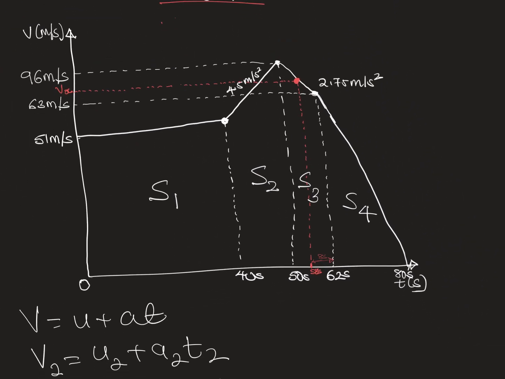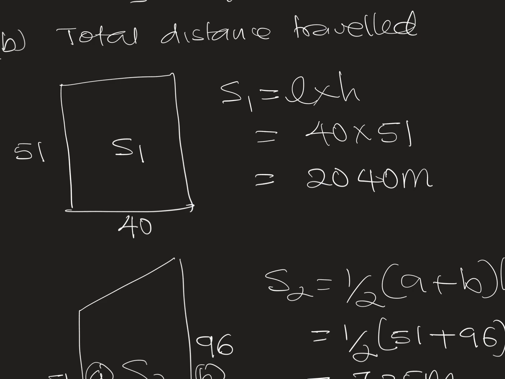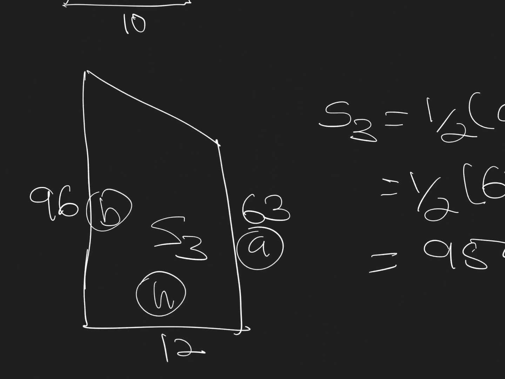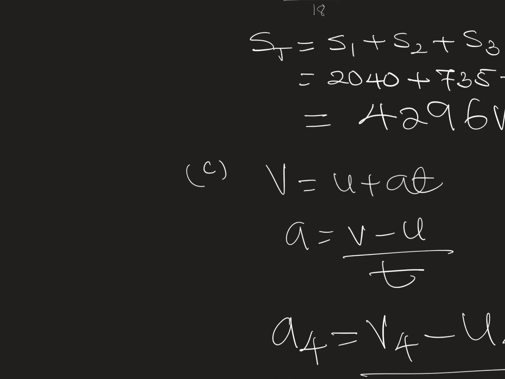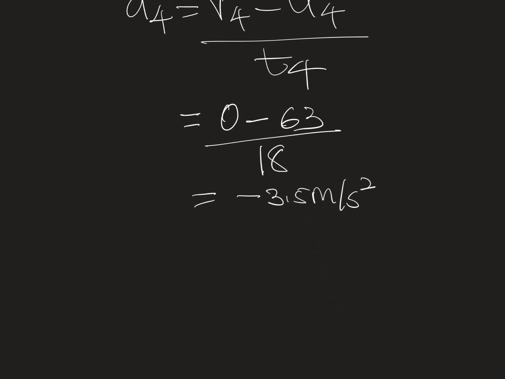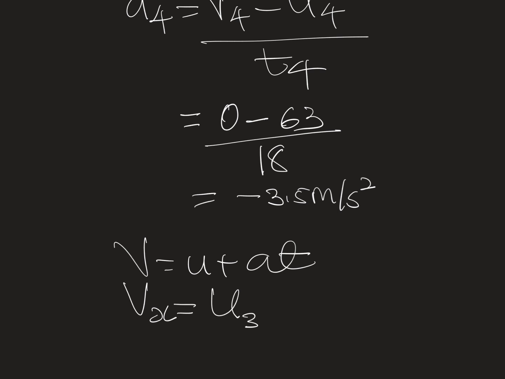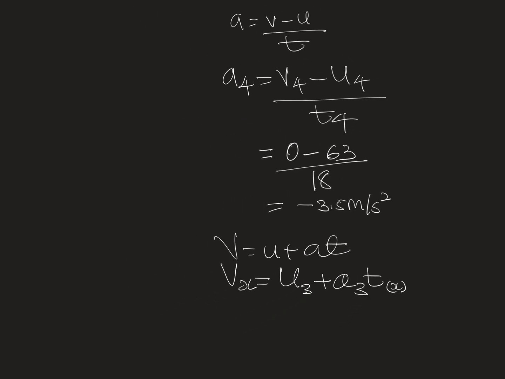Let me move on to calculate Vx first. If I use V is equal to U plus AT, then Vx is equal to U, because it is in the third event, so I'll say U3, plus A3 TX.